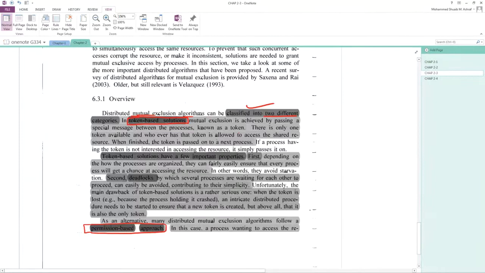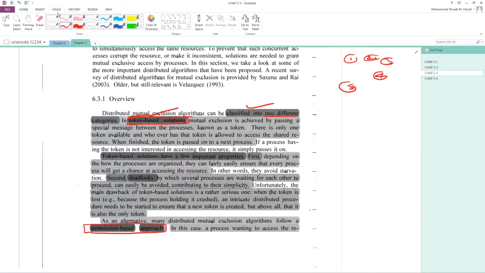Okay. Now, what is a token based algorithm? Let's say we have processes 1, 2, 3, 4, 5, and let's say this is token T. If token T is with process 1, he will access the resource. When process 1 finishes, he will pass this token to process number 2.